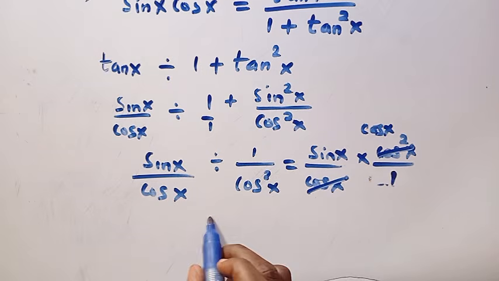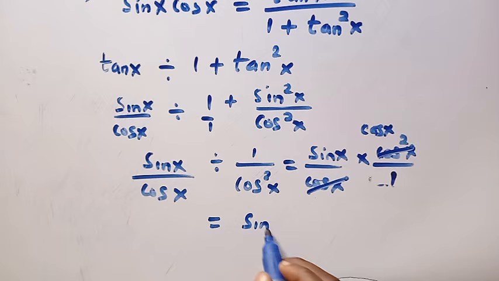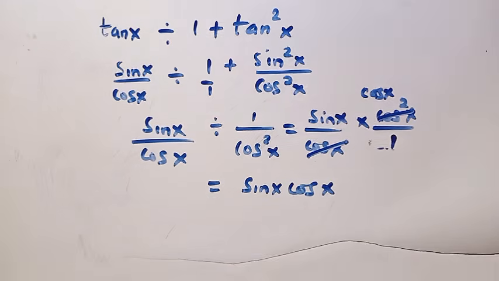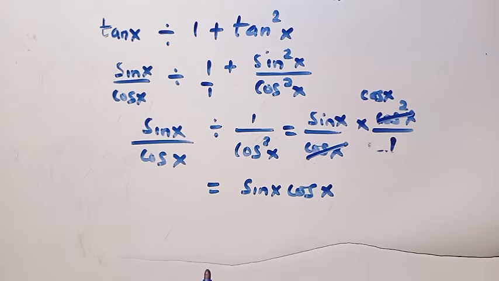Therefore, the result is sine x cos x. So anytime we have sine x cos x, it's the same thing as tan x over 1 plus tan squared x.